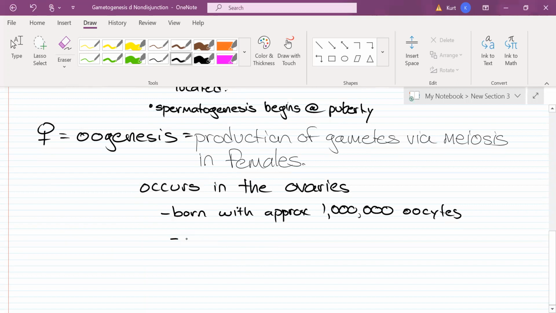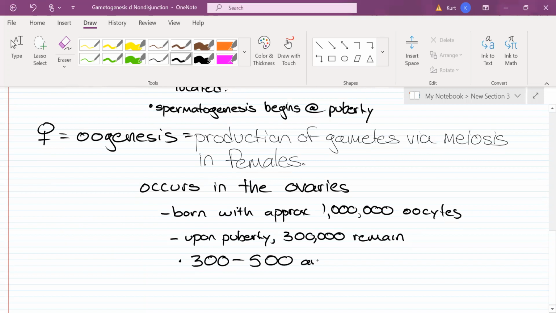But upon puberty, about 300,000 remain. And of those 300,000, between 300 and 500 are ovulated during a female's reproductive years.